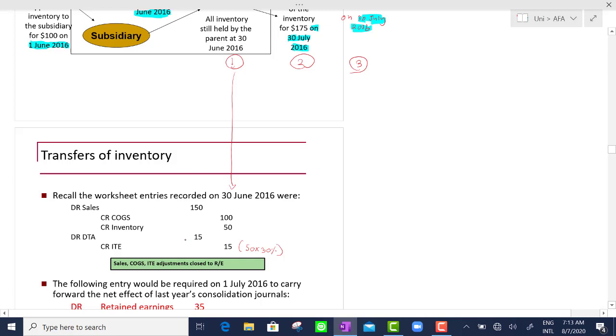Okay. Now first situation is number 4. Inventory is unsold by 30th June 2017, next year.